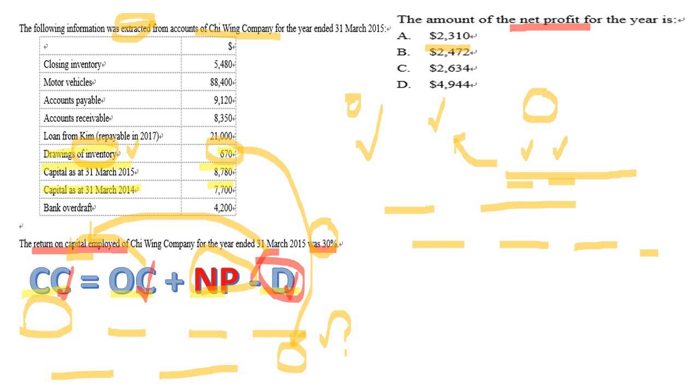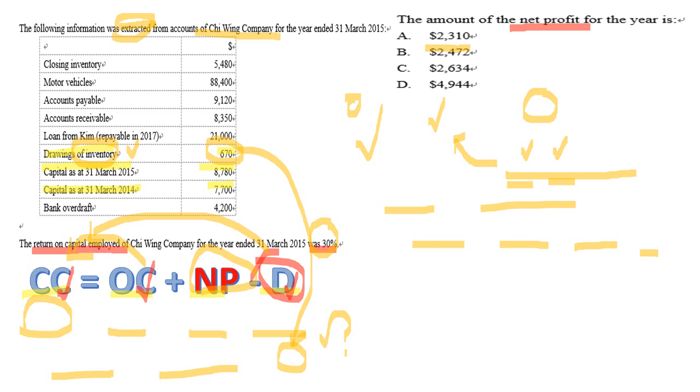Closing capital is equal to opening capital plus net profit minus drawings. So you are given the figures here, here, and here. If we know this figure, that's okay. But we see drawings of inventory here, and we should be aware of this word inventory.